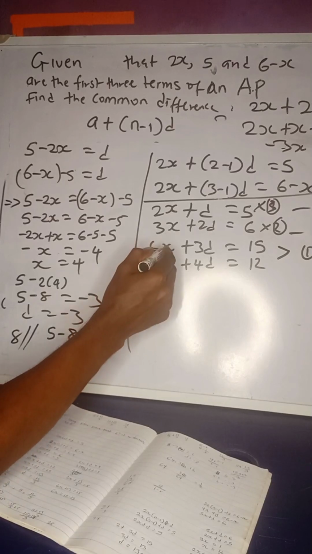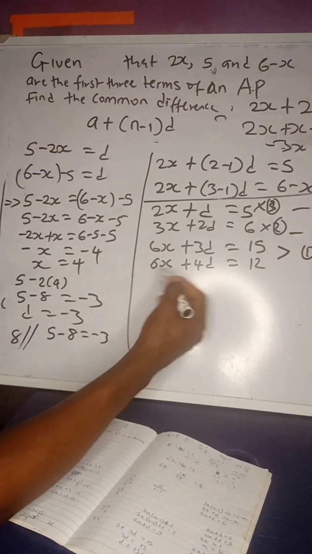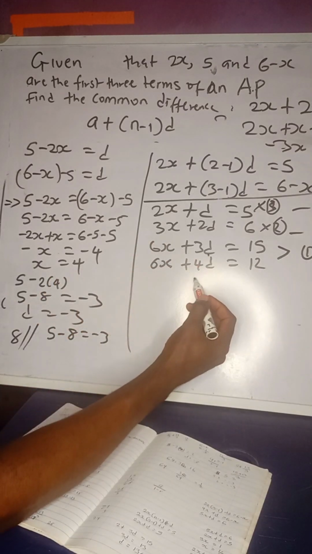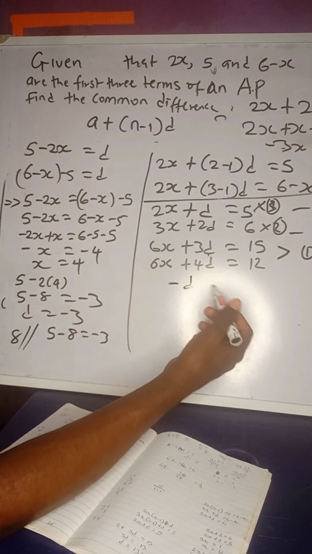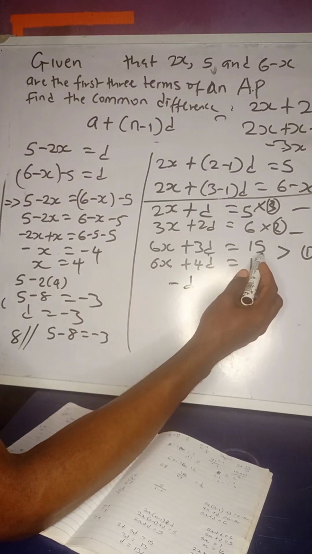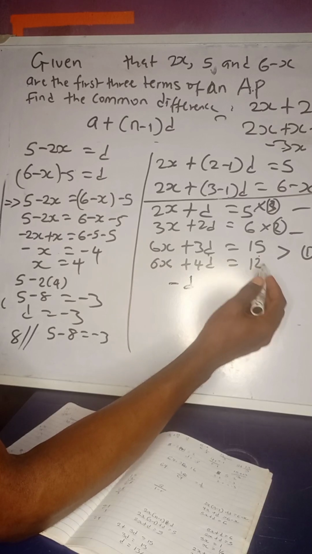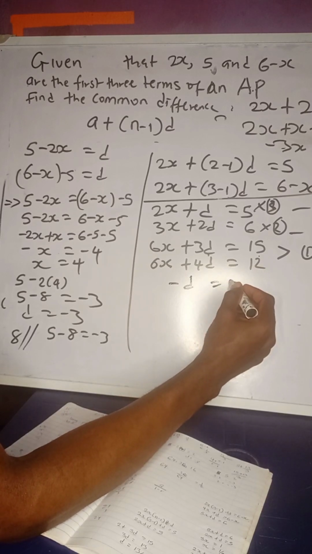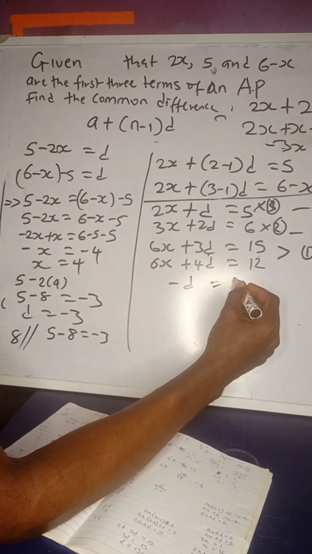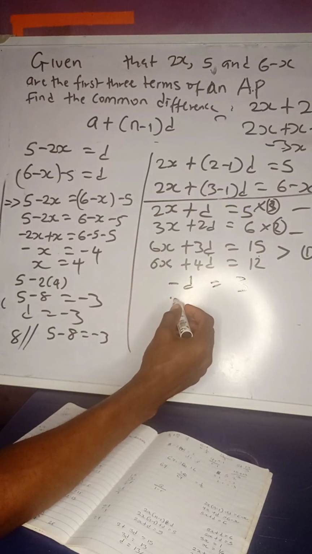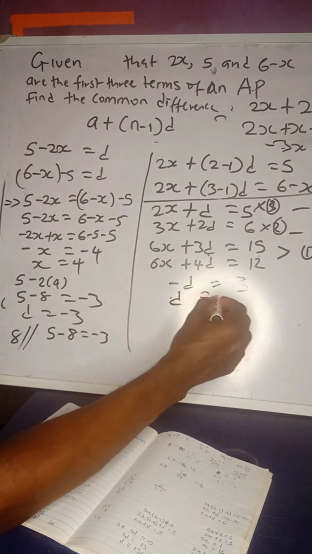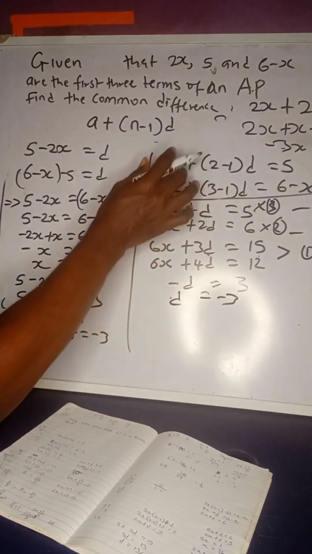So 6x minus 6x, x is already out. 3d minus 4d gives us minus d, because 3 minus 4 is minus 1, right? And 15 minus 12 is supposed to give us 3. It gives us 3. But here we have minus d, so d will be equal to minus 3. You see that it gave us the same answer.